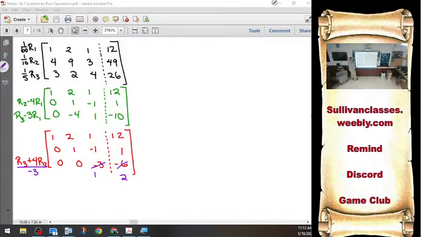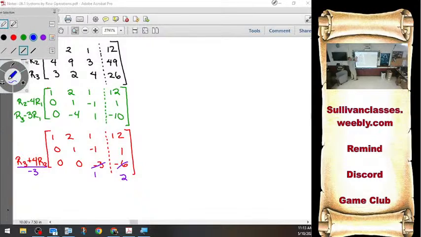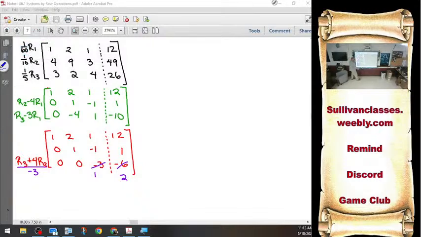Okay. Now, you are correct. Negative 3z equals negative 6. Next to this, I now know z equals 2. This row says y minus z is 1. And I just said that's 2.